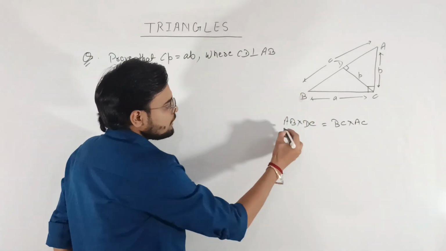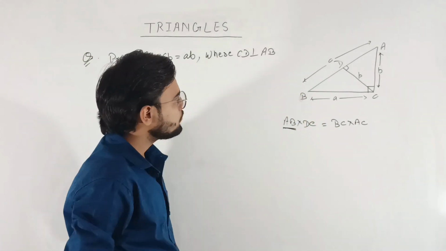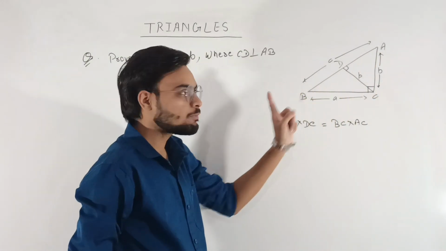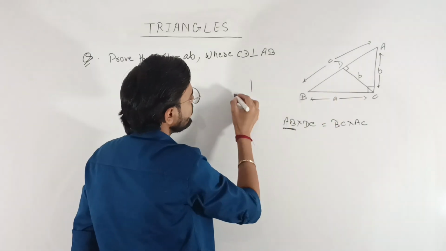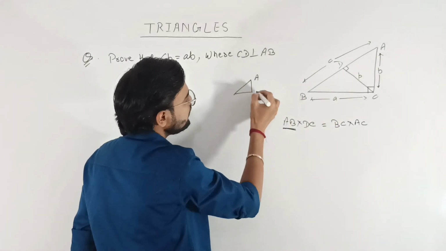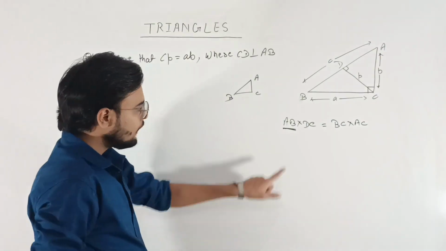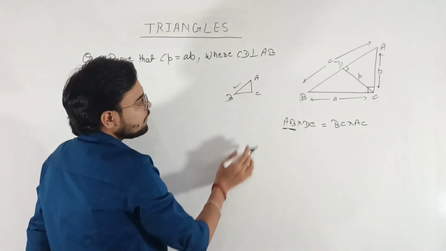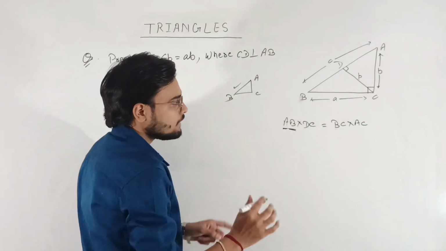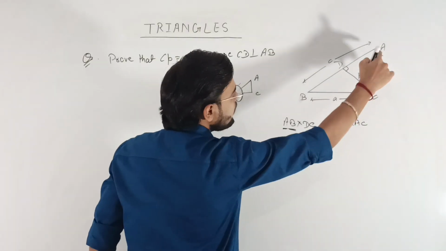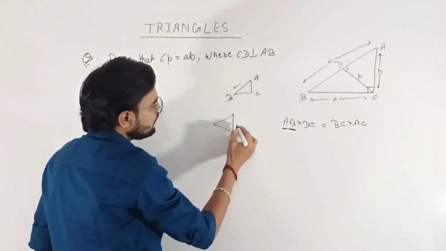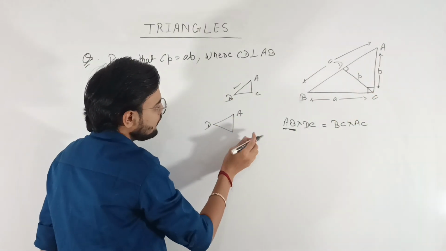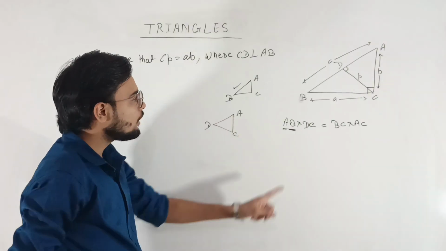Now look, in which triangle is AB present? AB is present in ACB triangle. Suppose I make a separate figure of triangle ACB. Now look, AB is present in the bigger triangle, that is ACB, and DC is present in the smaller triangle, that is ADC. This is A, this is D, and this is C. AD is present in the smaller triangle.